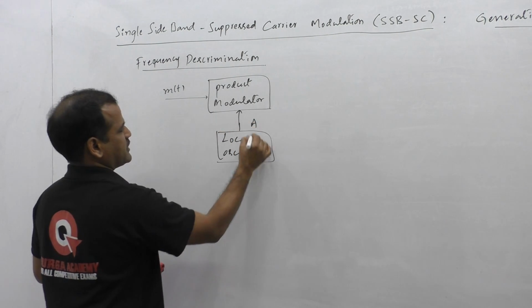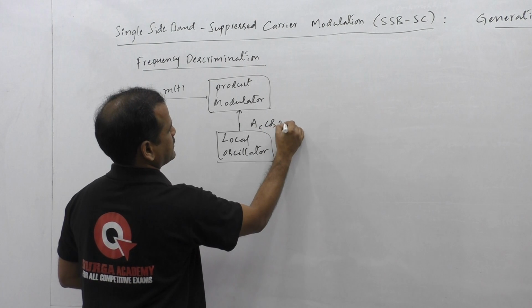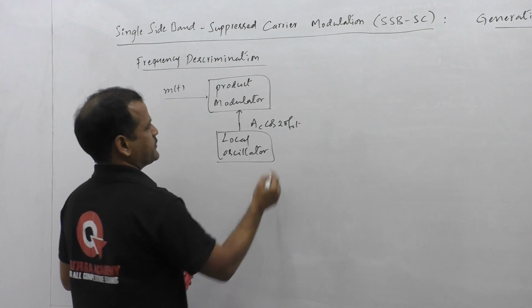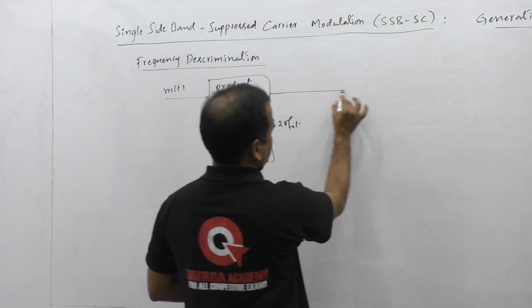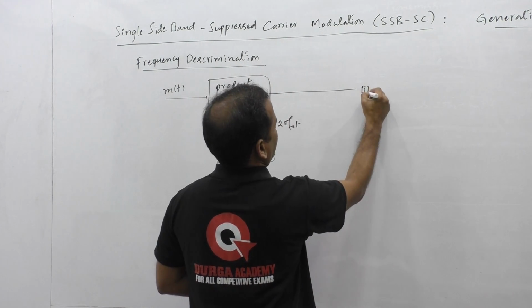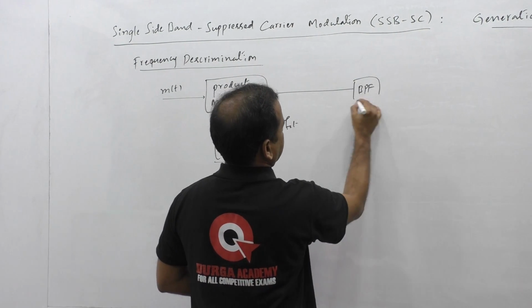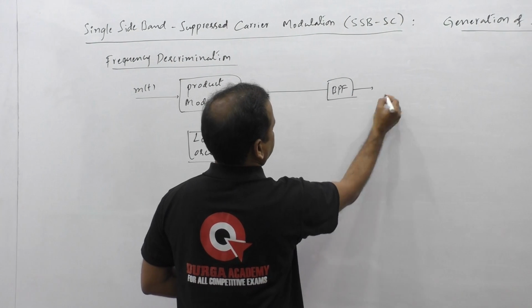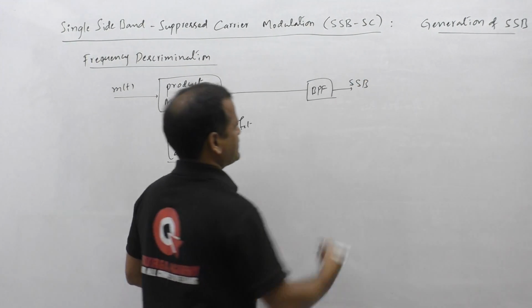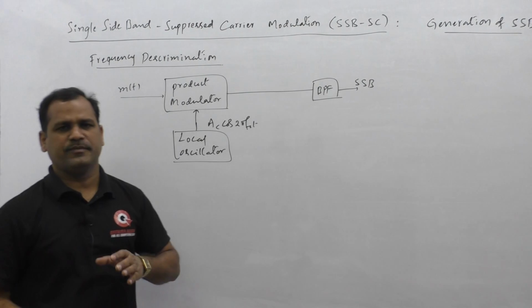The output of this local oscillator we consider as Ac cos 2 pi fct, and the product modulator output is applied to a band pass filter. At the output of the band pass filter we need to get this SSB signal in this frequency discrimination method.